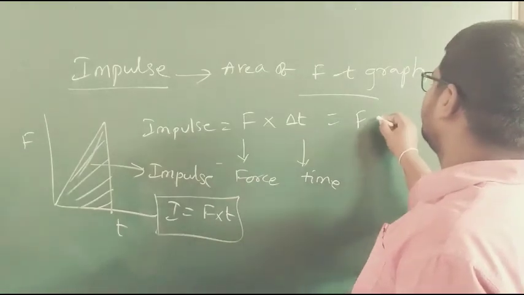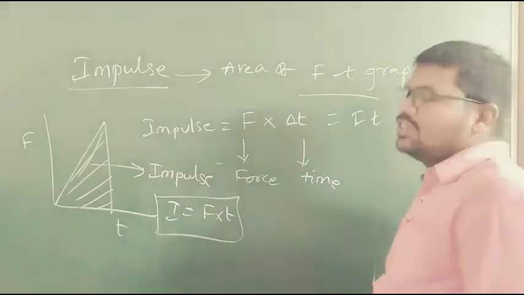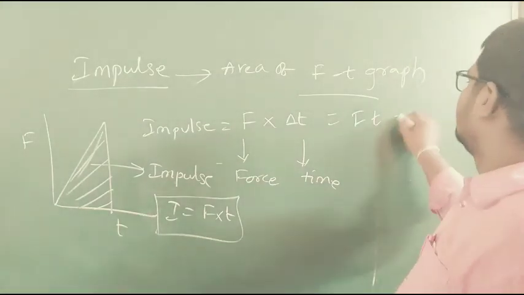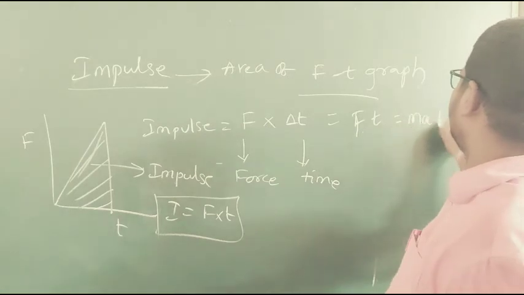Impulse is equal to F into t. So we know that F is equal to ma, into t.